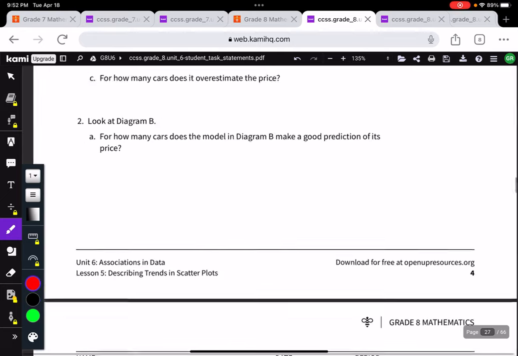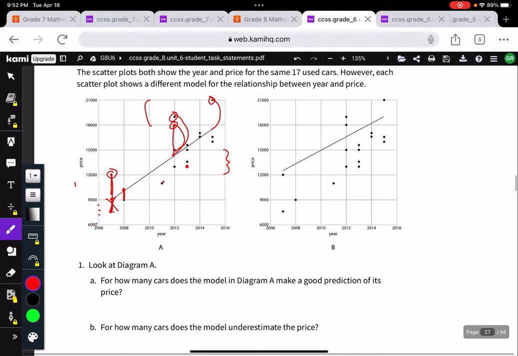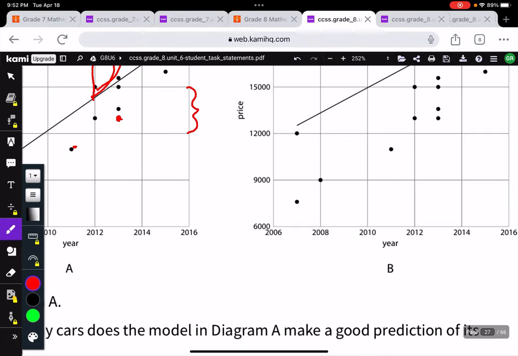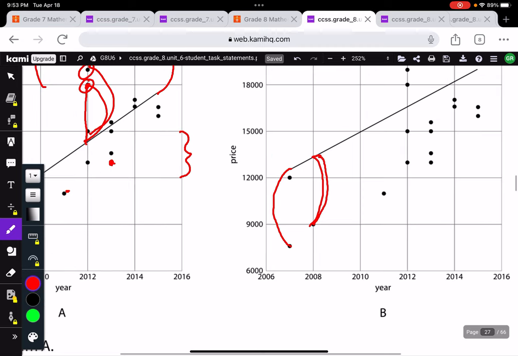So what about diagram B? How many have more than 3,000? Well, I can see this right here is more than 3,000, so that's 1. That's 2. This is more than 3,000 away from the model.